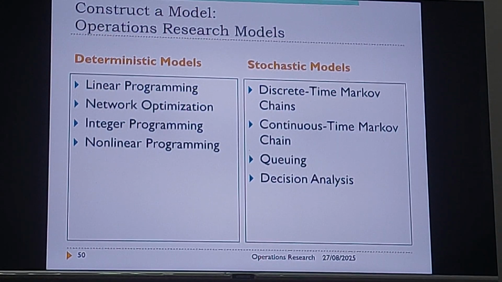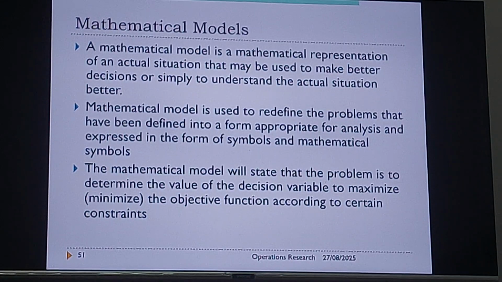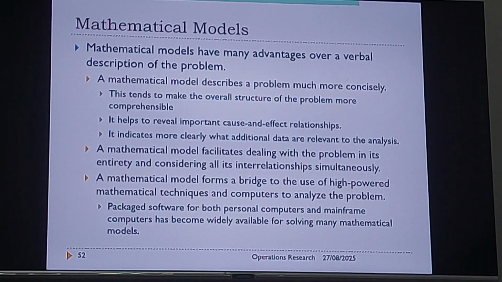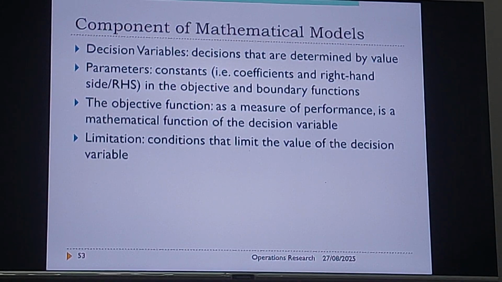And it's uncertain. Okay? Mathematical model, I've taught you a bit before about modeling mathematically. What's included in a mathematical model? We have decision variable, parameter, objective function, and limitation.